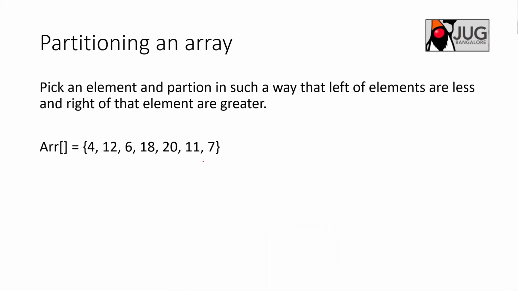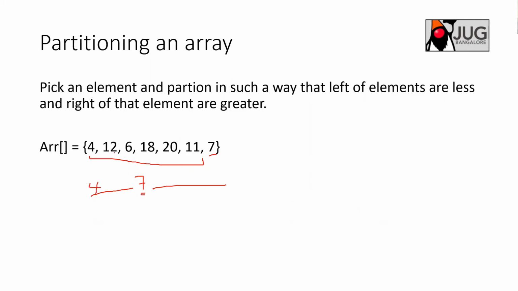What the naive partition means is you start comparing all the elements with the pivot element. If it is less, you place it on the left side, and if it is greater, you place it on the right side, and finally you place the pivot element. What you can do is compare with 4, and if it is less, you place it here.